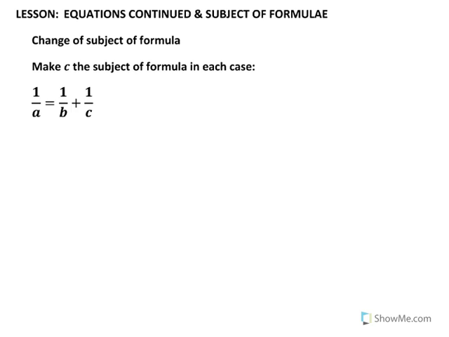However, sometimes they become a bit more complicated, as we're going to solve them as they come. Here the question says make c the subject of the formula. Now, what do we see here? We can see that we have got c combined with b on the other side. So how about we take b to join 1 over a? Let me write it again: 1 over a is equal to 1 over b plus 1 over c.